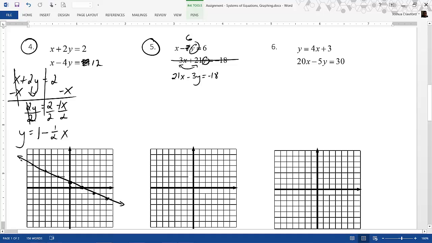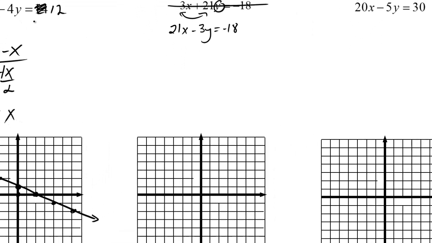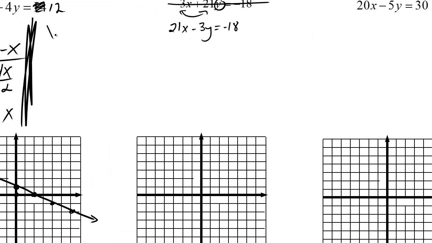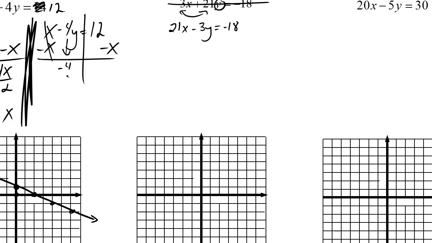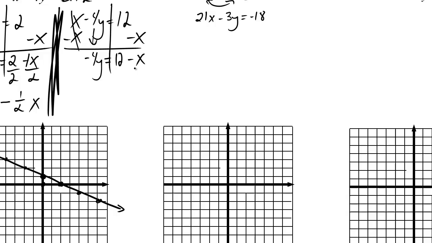Alright, now let's go ahead and solve for our second line, which is x minus 4y equals 12. First step, to get y by itself, subtract x from both sides since x is positive. So then we'll bring down our negative 4y equals 12 minus x.